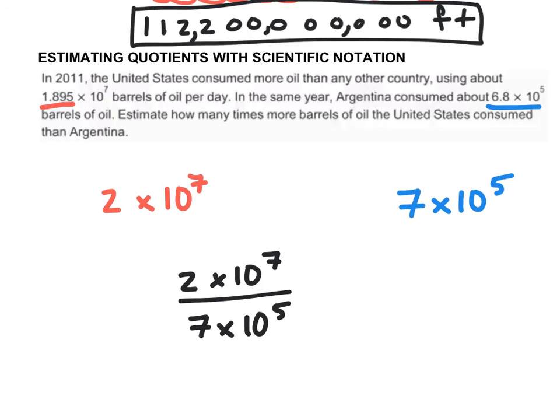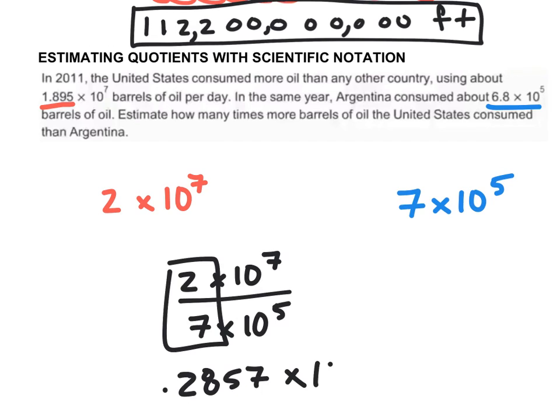Okay, and so if we do 2 divided by 7, that number we do want to actually operate with. So 2 divided by 7 gives us, so do the division on this, which is 0.2857 times 10. And here we would want to subtract our exponents. So 7 minus 5 gives us 2. All right.